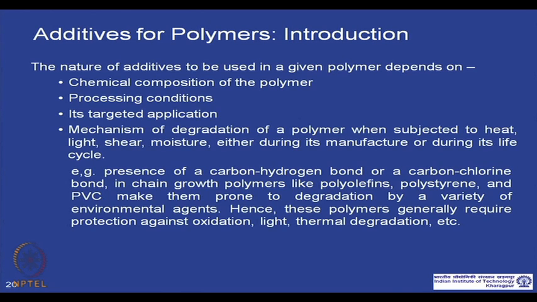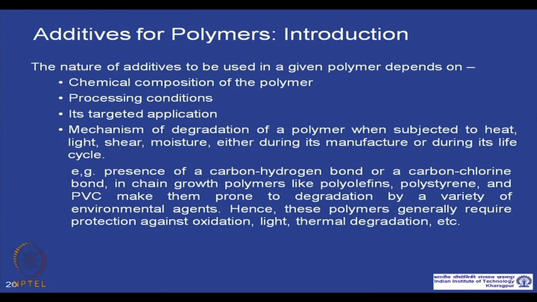Normal chain growth polymers like polyolefins, polystyrene and polyvinyl chloride have carbon-hydrogen bonds and carbon-chlorine bonds. These bonds are very prone to degradation by a variety of environmental agents.